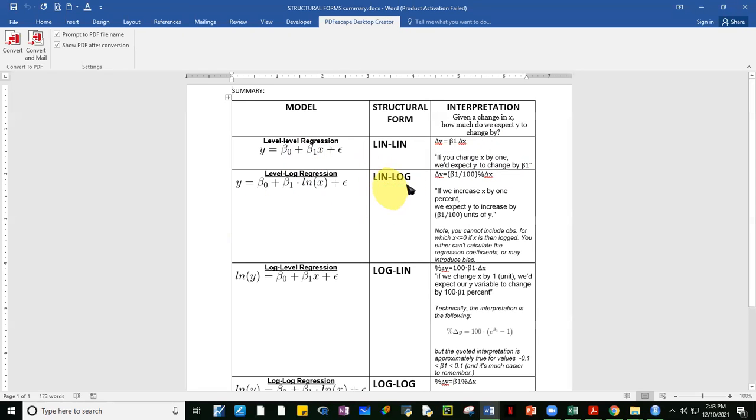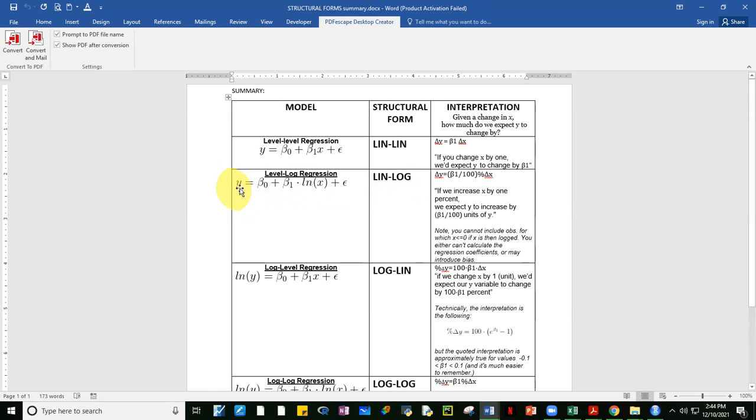Paano naman kung lin-log? Ito. Lin, nakalinear yung dependent variable. Nakalog yung independent variable. Okay? So kunyari, guys, if beta 1 is 5, tapos yung structural form natin, lin-log.